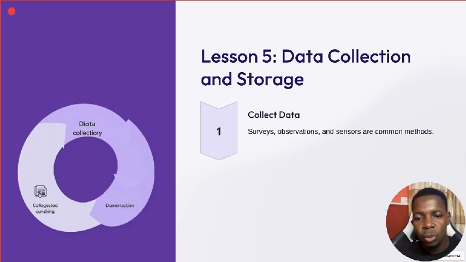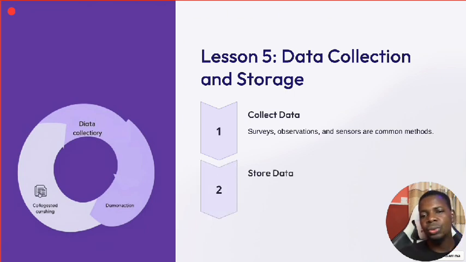The last one is sensors. Sensors are devices, like I said, thermometers, which we use to collect temperatures, and then we have other sensors, like soil sensors, to know the kind of things that are available in our soil. All of those are methods through which we collect data.